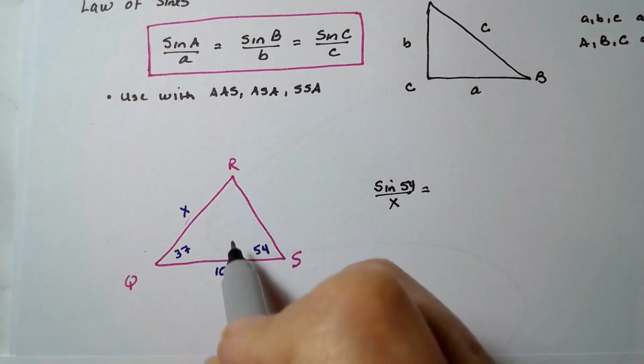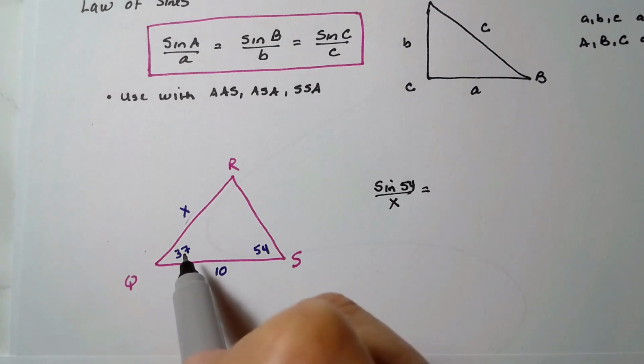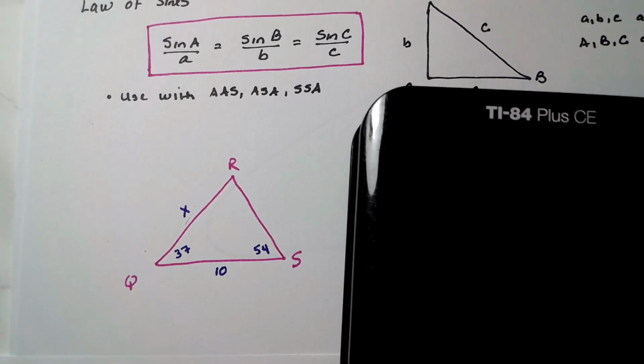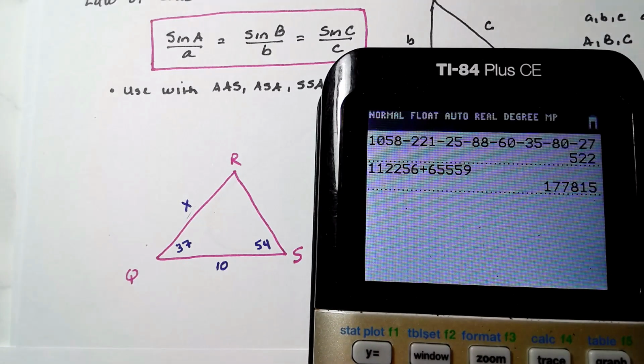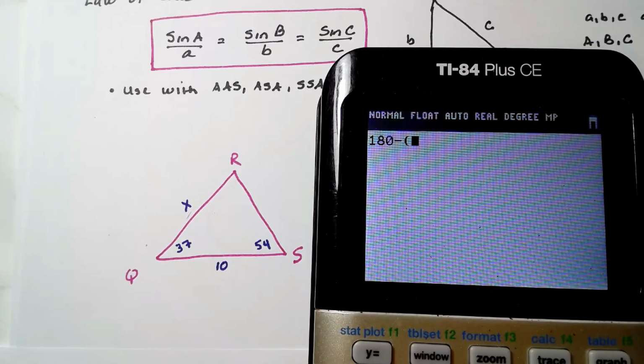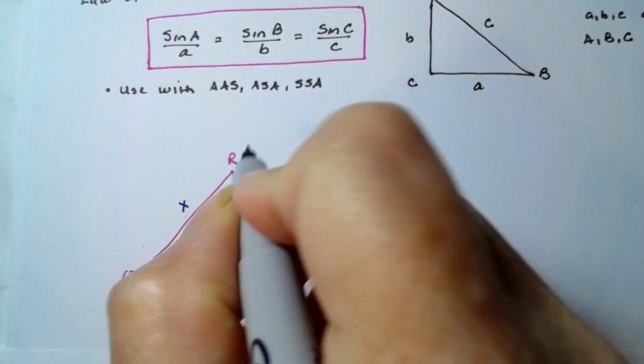I have to find R in this case, because if not, I'm stuck. So how do I find it? I add those two angle measures up and I subtract from 180. And when I do that, 180 minus 37 plus 54 gives me 89 degrees. So what I found is that this measure is 89 degrees.